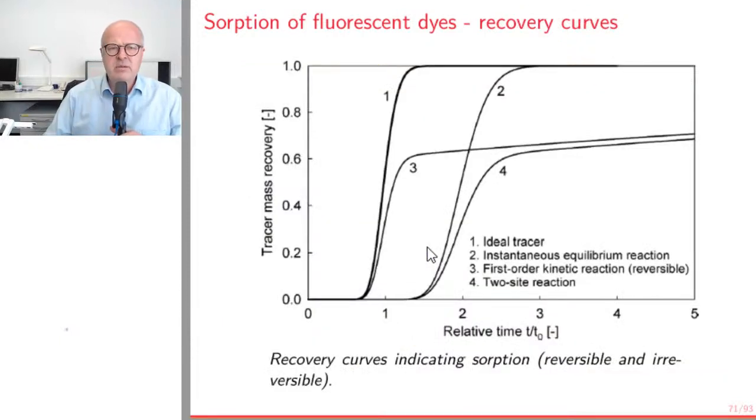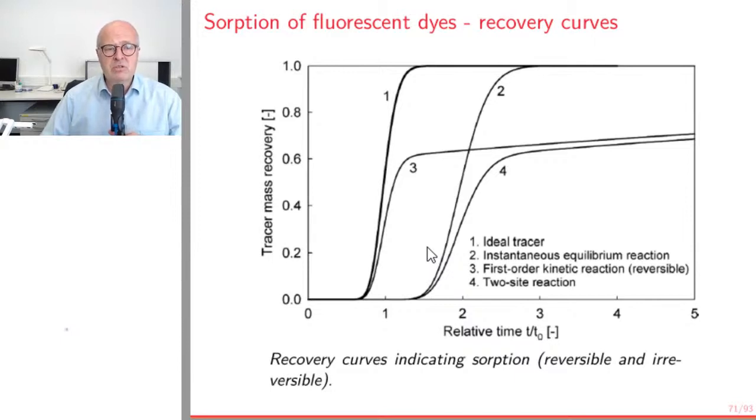Now, a very simple measure to detect whether your tracer works is to use the recovery. The recovery is obtained by simply summing up the concentrations over time and multiplying them with the flow.